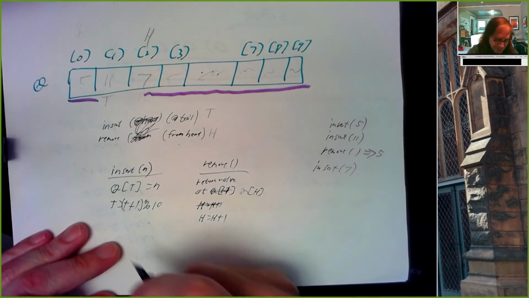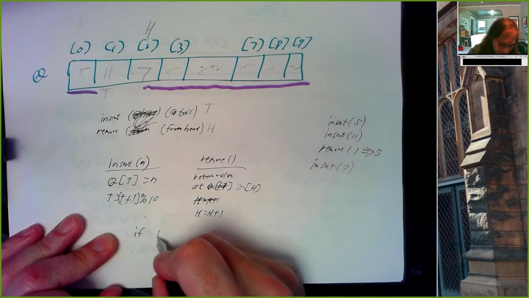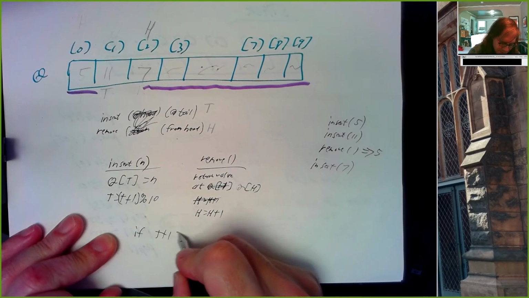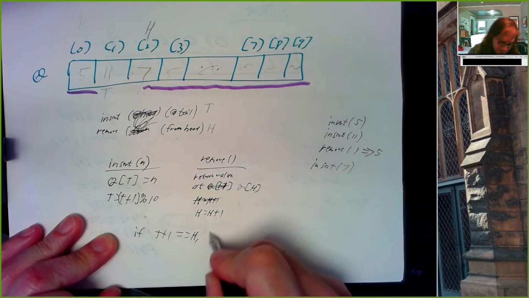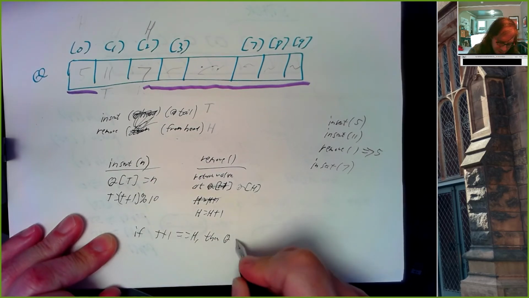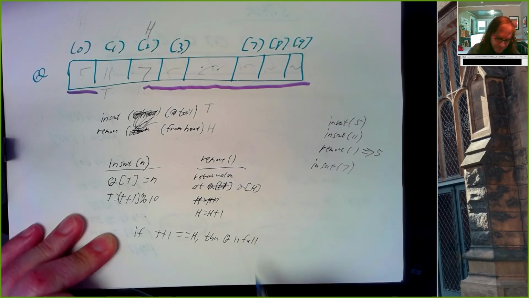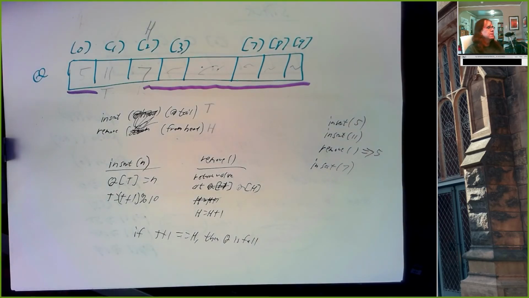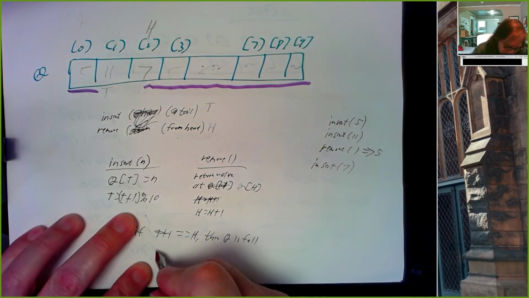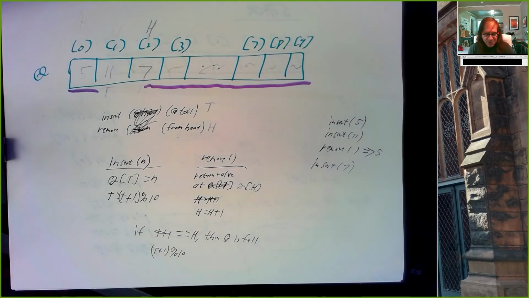So we're going to say if tail plus 1 equals head, then the queue is full. And what we actually want is if tail plus 1 modulo 10 is equal to the head, then the queue is full.